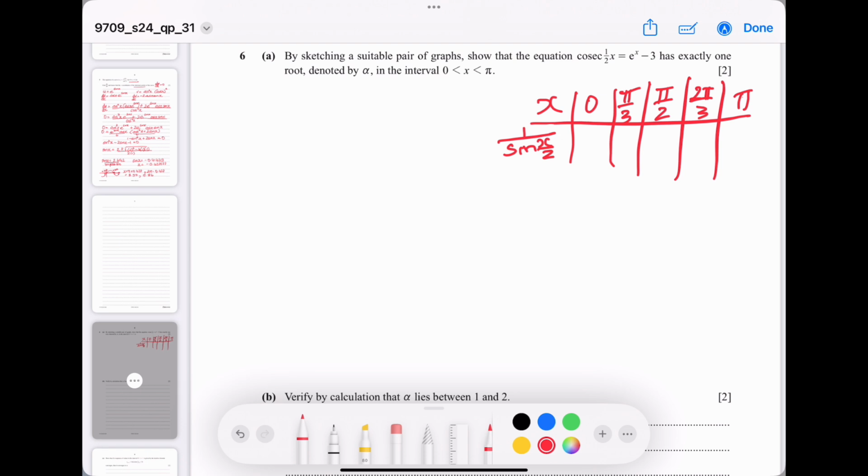Then, sorry, I just need to change my settings on my calculator to radians.